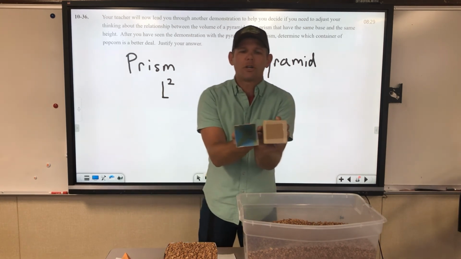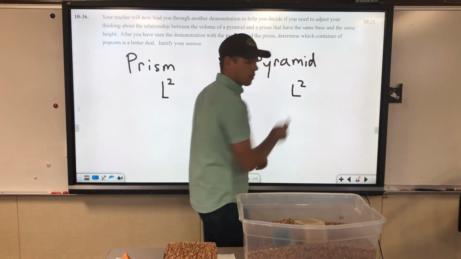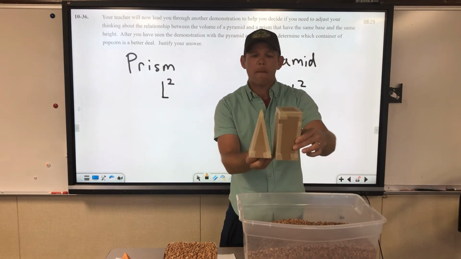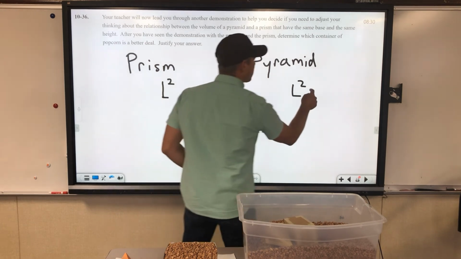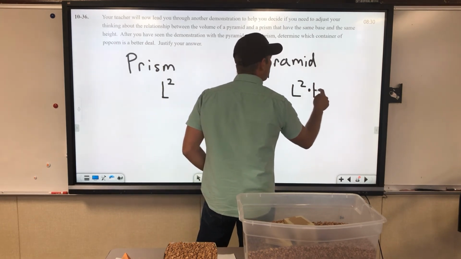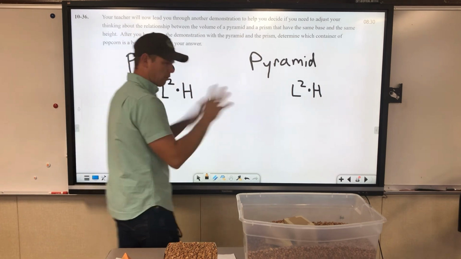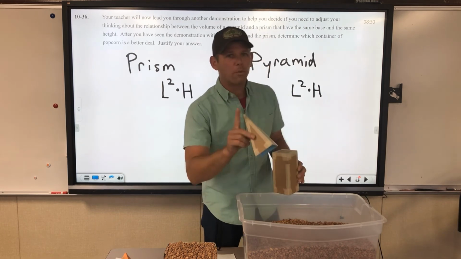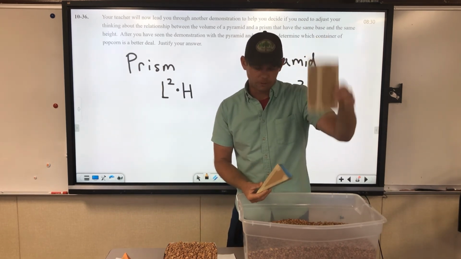Now I want you to notice that they have a matching base. So the same thing happens over here: length squared. And once again, they have a matching height. Because they have a matching height, I'm going to multiply it by the height. Everything is the same so far, except what we just learned: this prism is 3 times larger.